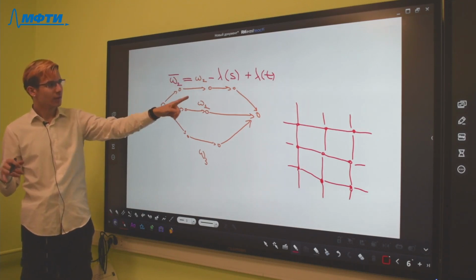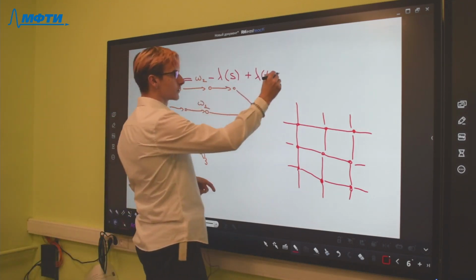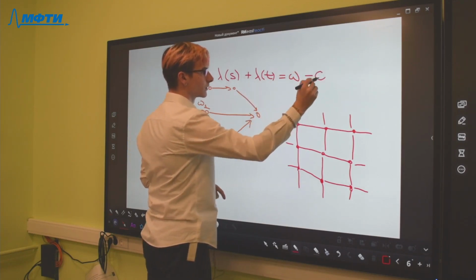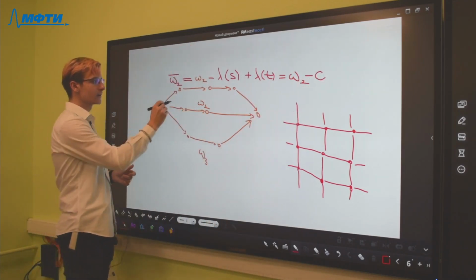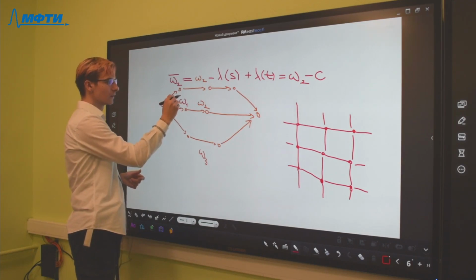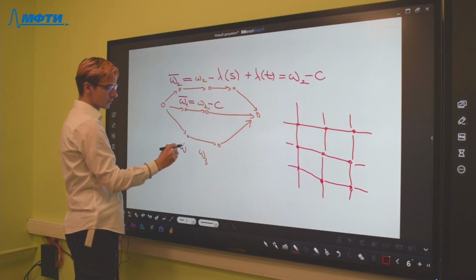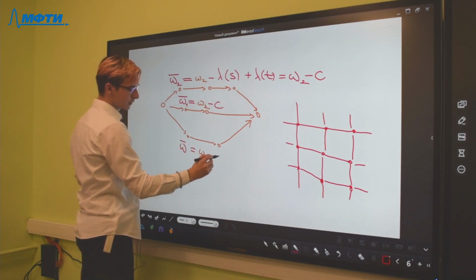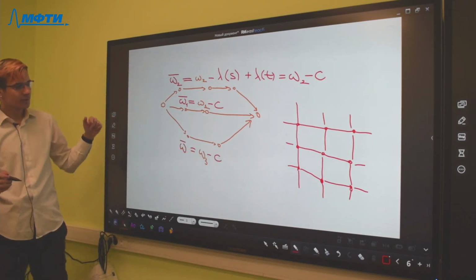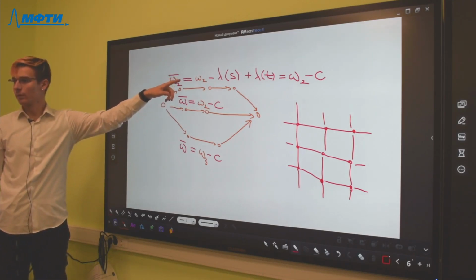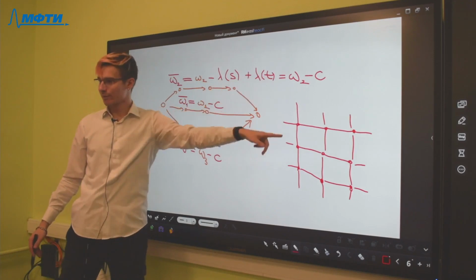Then you can see that the new weight is equal to W minus some constant, and we change all the weights with the same constant.